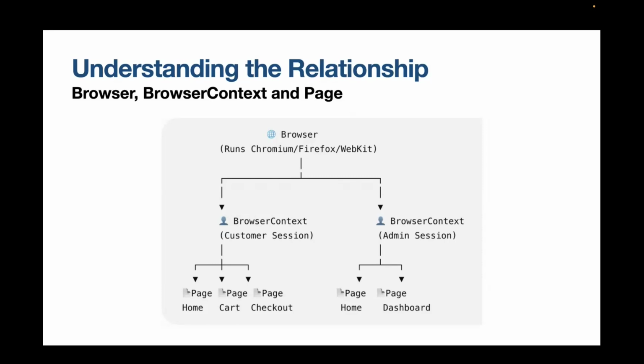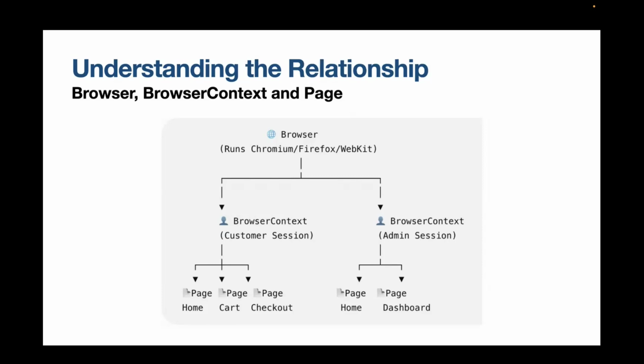So remember this simple analogy. Browser is equal to your Chrome application. Browser context is equal to your user profile or incognito window, and page is equal to a browser tab. Once you start the browser, you open a new tab and then you run the test in it.